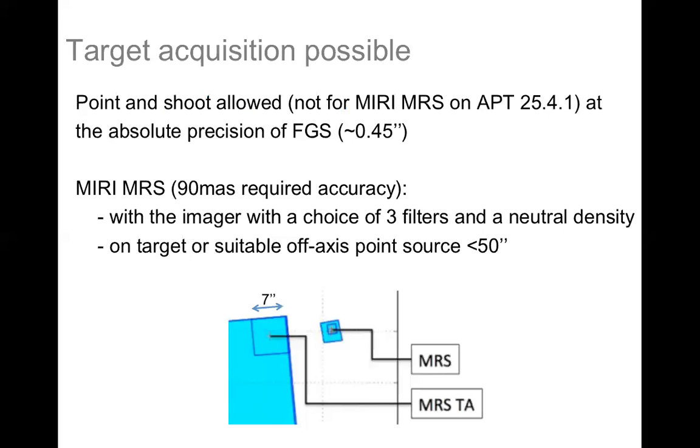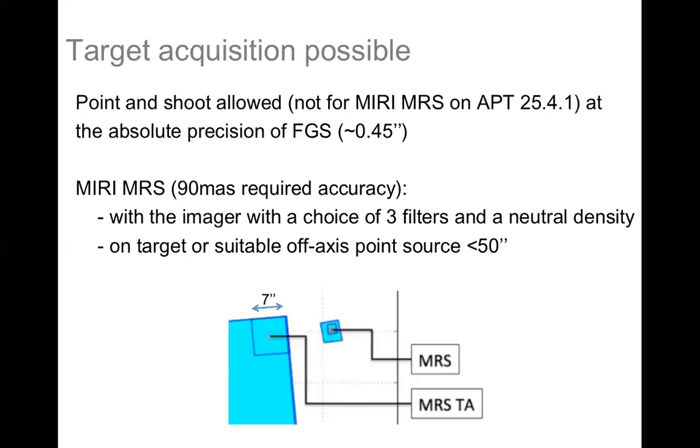This is actually not the case today in the current version of the APT, but it will be allowed in the next release this month. On the other hand, if you have a small or compact source, you might want to do some target acquisition to improve the position.